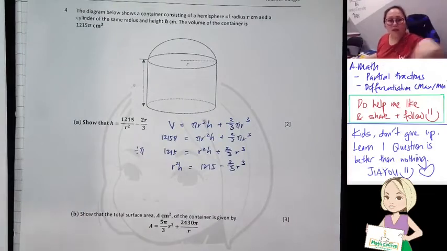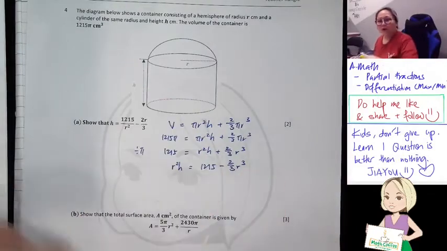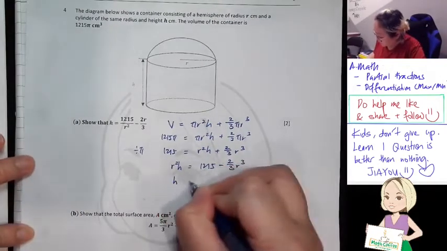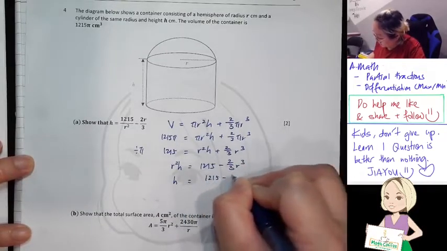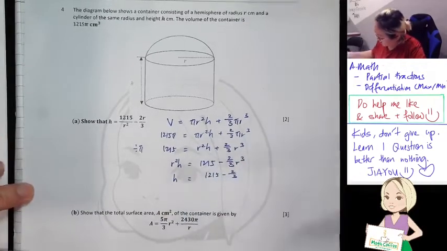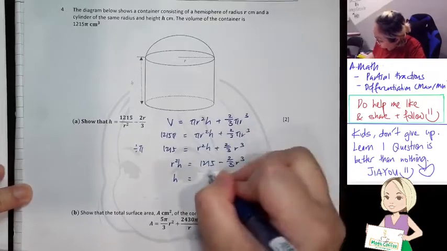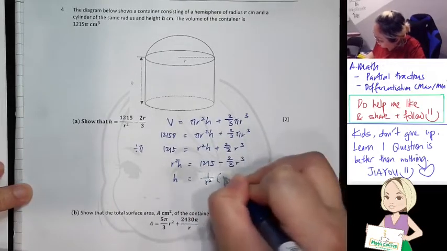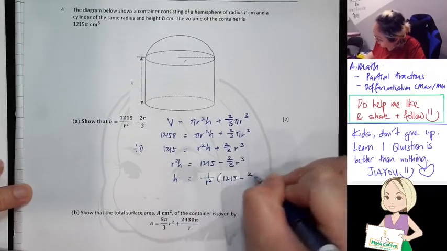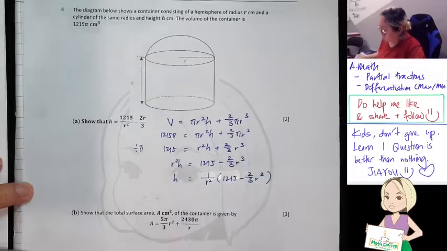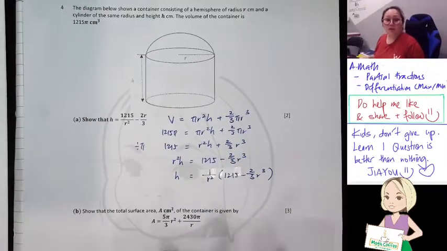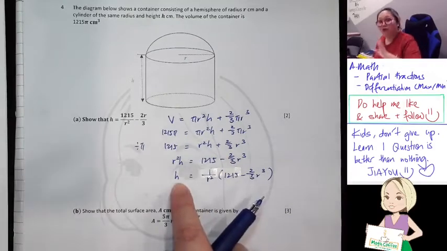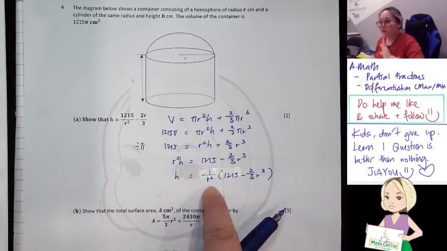We are not done yet. I'm supposed to divide by r square. So h equals 1 over r square times 1215 minus 2/3 r cubed. I never put it as a denominator because there's a 2/3 fraction already; if I put it as a denominator, there will be a lot of fractions. Dividing by r square is the same as multiplying by 1 over r square.